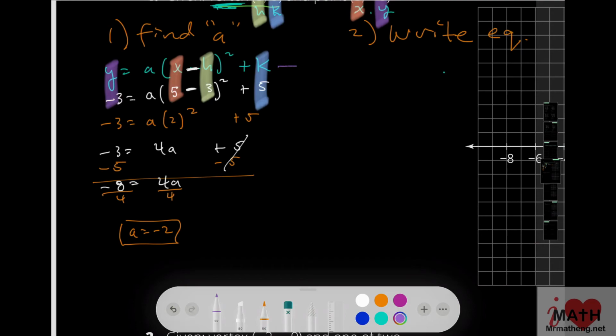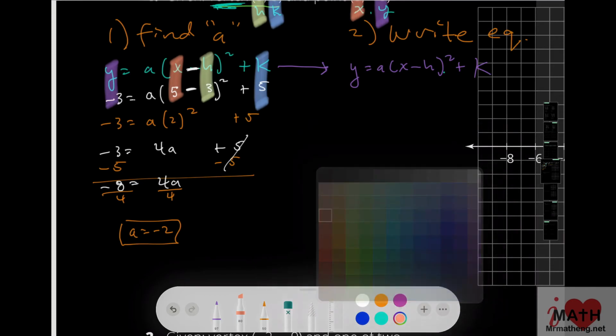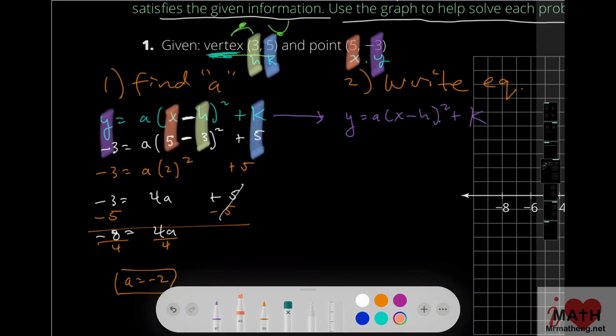You basically use the same thing over here that we just did, vertex form. So now you write it, same thing. And we're going to substitute the same values. We already knew from above x is 5. The y value is, sorry, take that back.